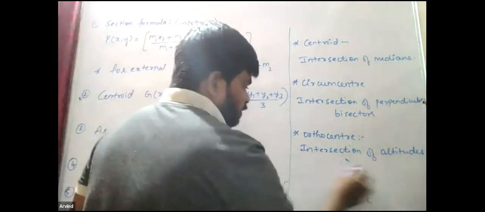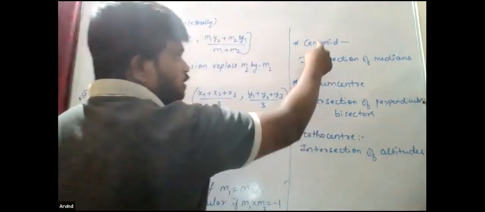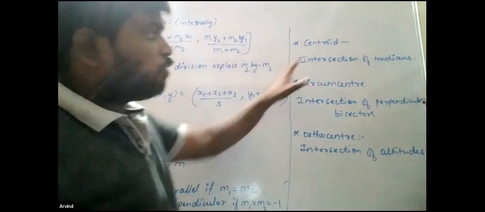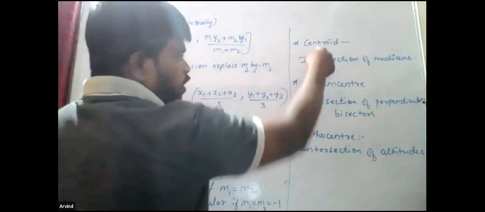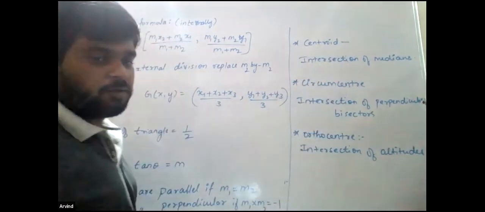And another point is on the triangle alli ನೀವು if you draw all these things, medians, perpendicular, altitudes, ella draw madidre, ee centroid, circumcenter matte orthocenter will be collinear.